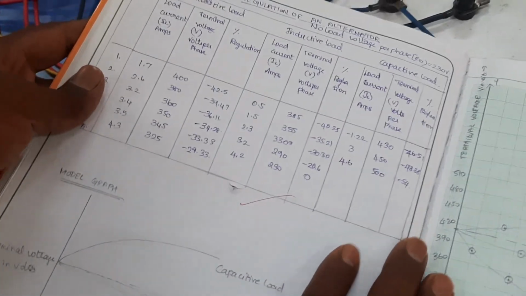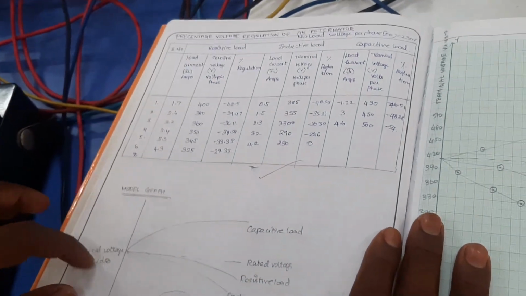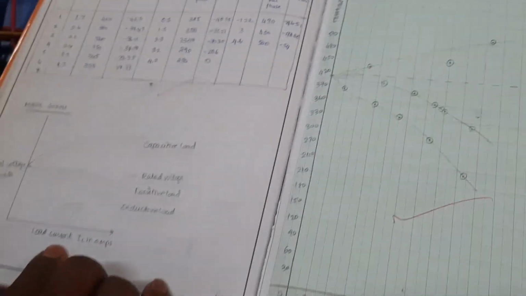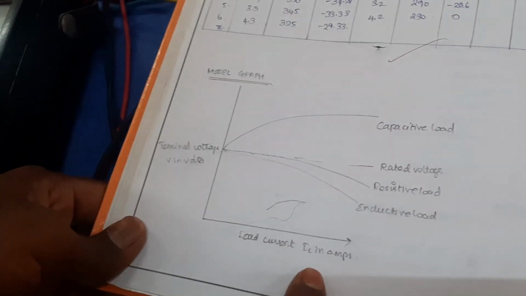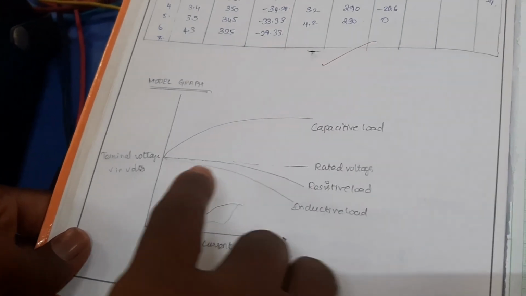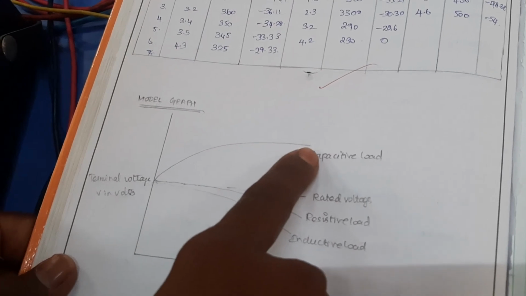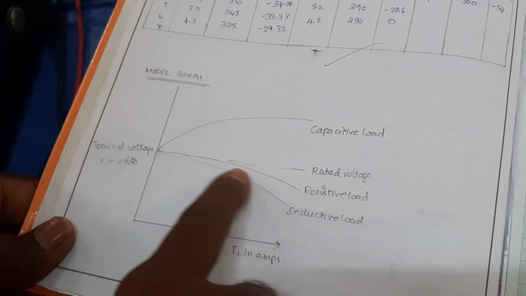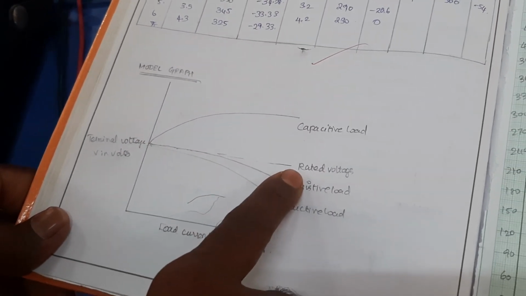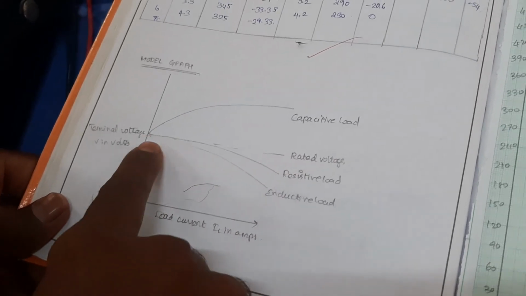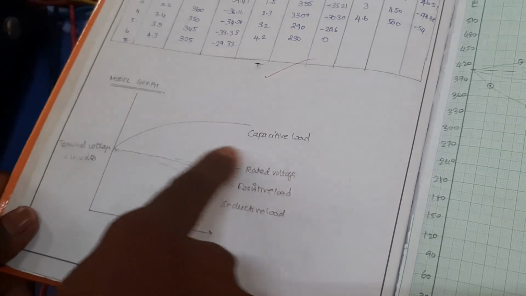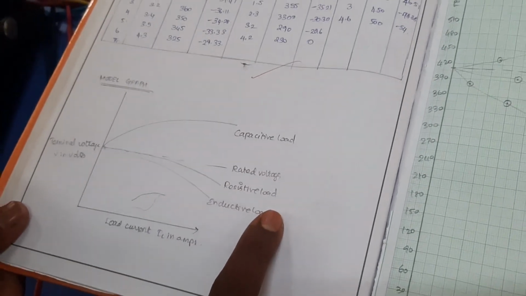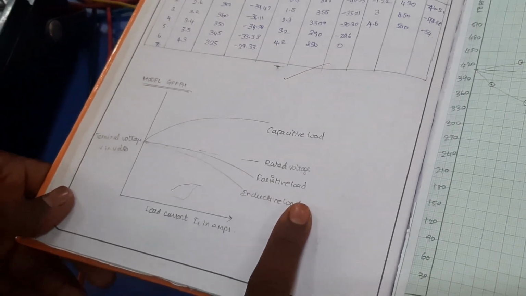After completing your tabular column, draw your graph, normally between terminal voltage versus load current for each load. For the capacitive load the terminal voltage will be higher, for the resistive load almost the rated voltage, and for the inductive load much lower than the resistive load. This graph indicates the variation of load versus terminal voltage.